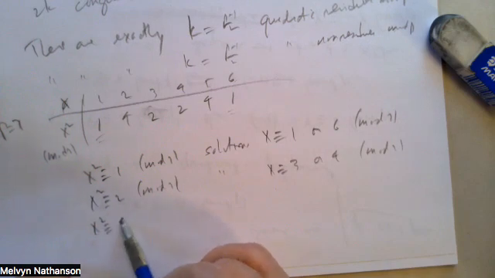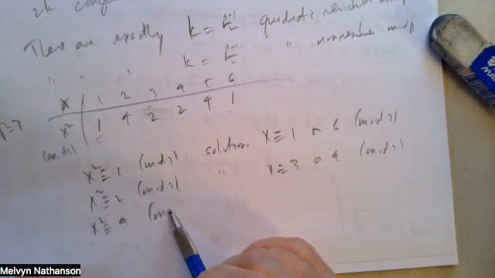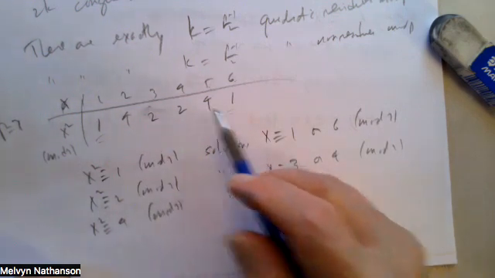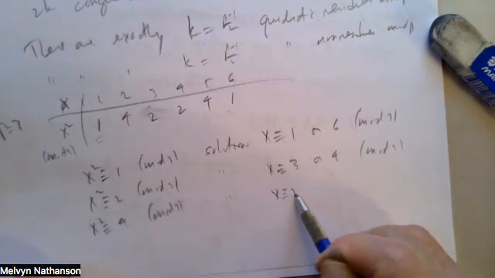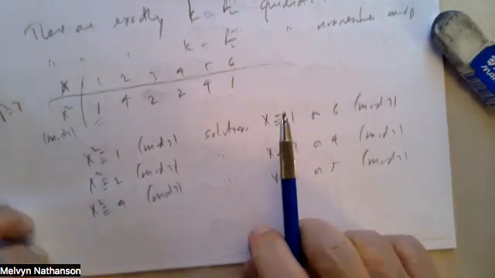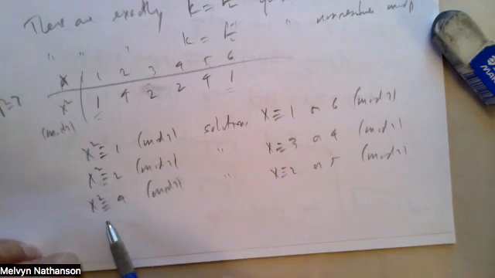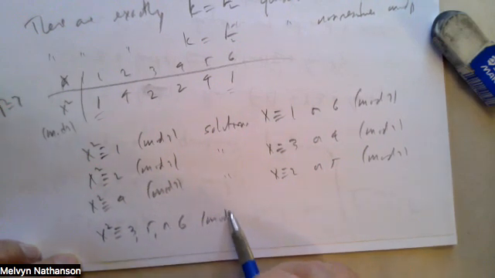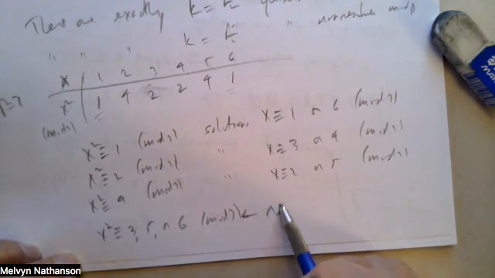X squared congruent to 4 mod 7: x congruent to 2 or 5 mod 7. Each of these congruences has two solutions. And what about the other numbers mod 7? X squared congruent to 3, 5, or 6 mod 7 has no solution.